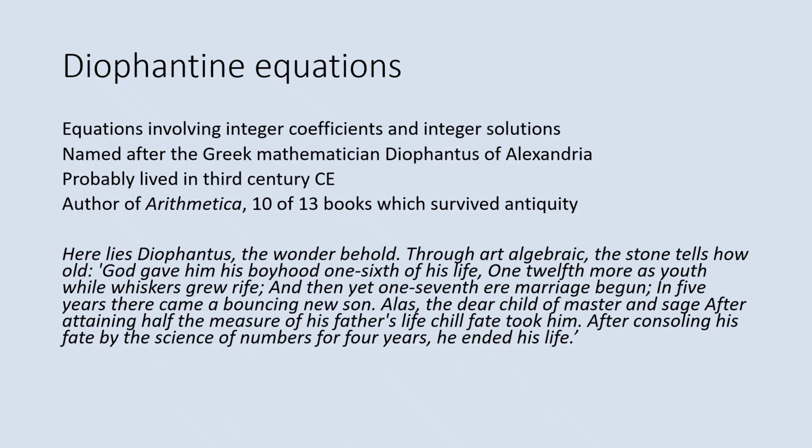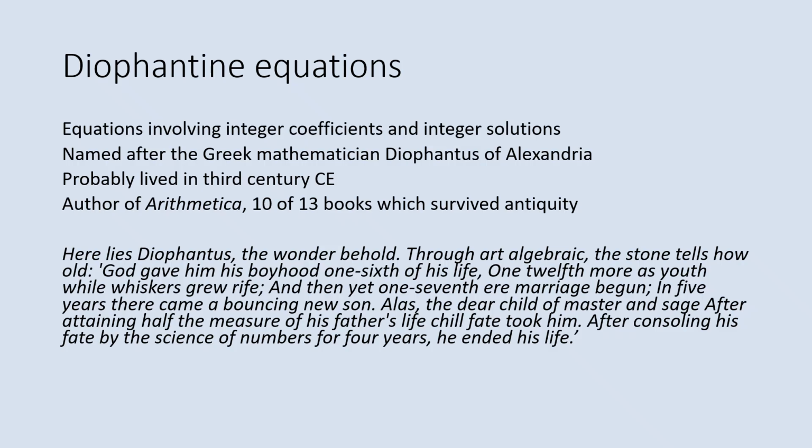So one famous thing that's attributed to someone writing about Diophantus: here lies Diophantus, the wonder behold. Through art algebraic, the stone tells how old. God gave him his boyhood, 1/6 of his life, 1/12 more as youth, while whiskers grew rife.